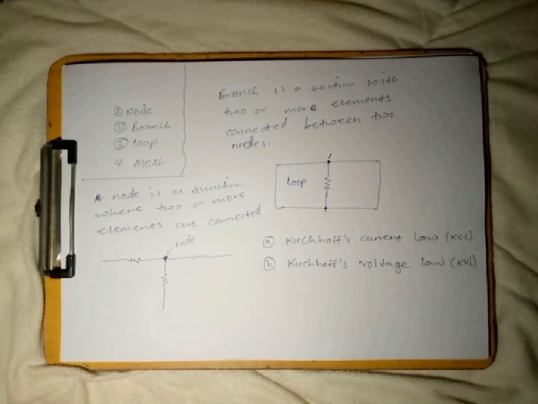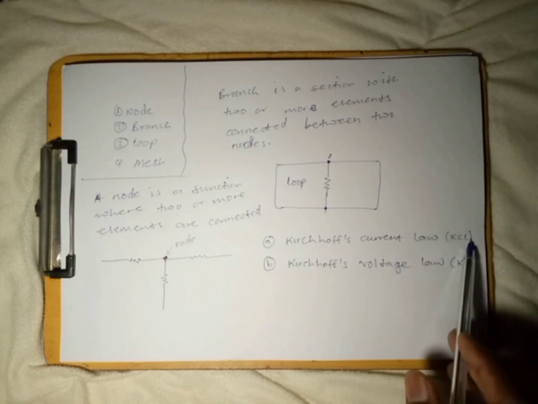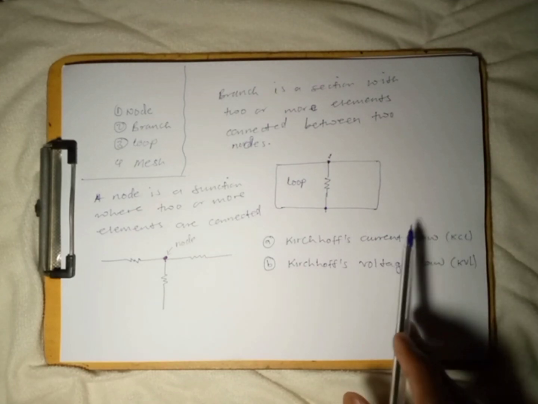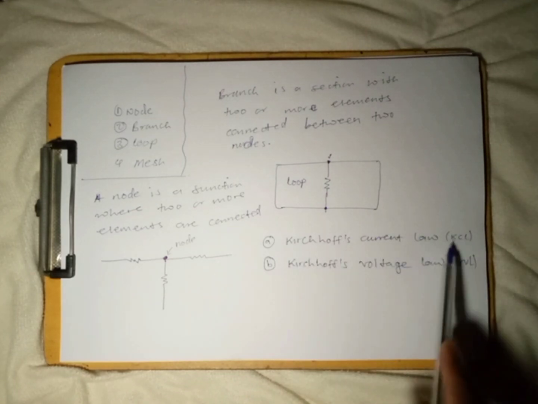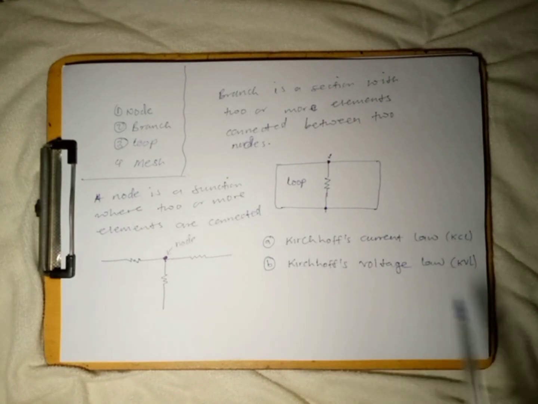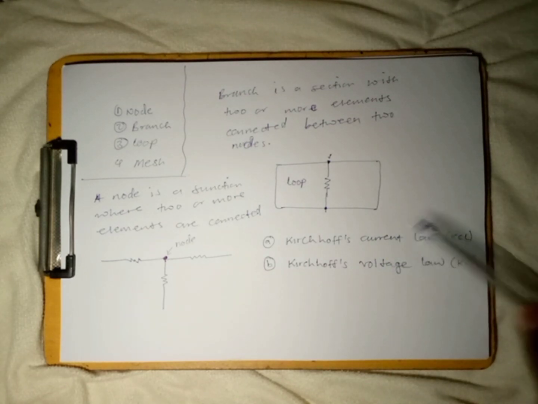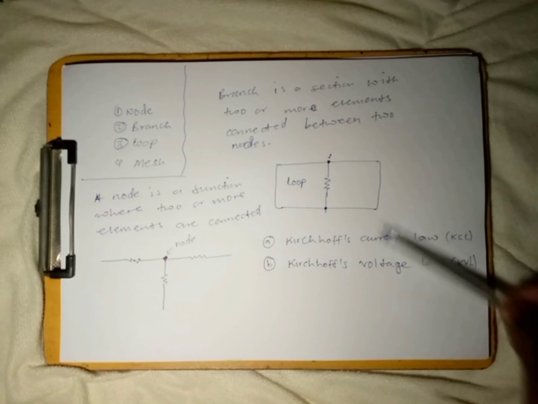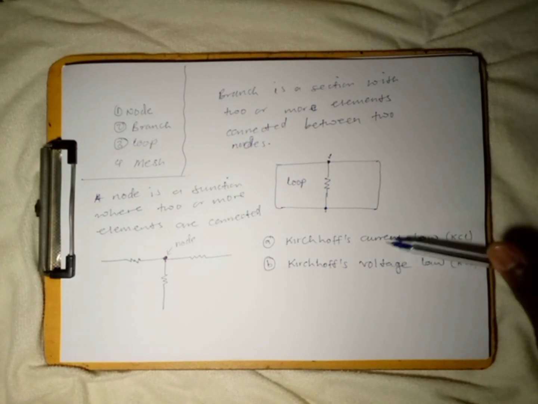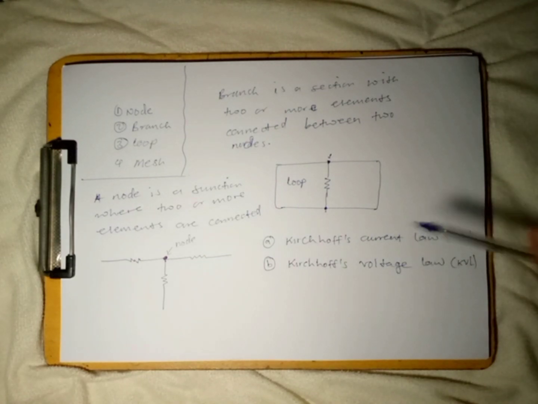So how can you describe what we call Kirchhoff's current law as well as Kirchhoff's voltage law? What description can you give for you to understand these same two laws? Let me try to explain a bit on how we are going to be able to understand and when we are supposed to use these two kinds of Kirchhoff's laws.